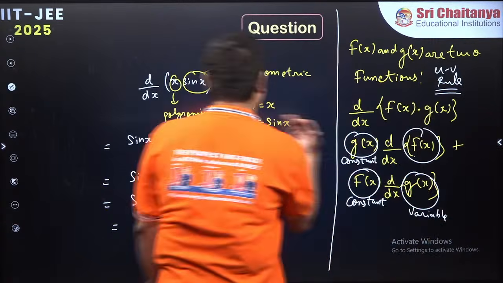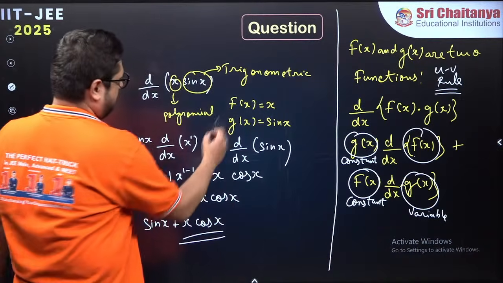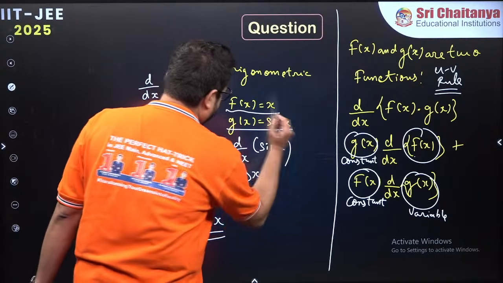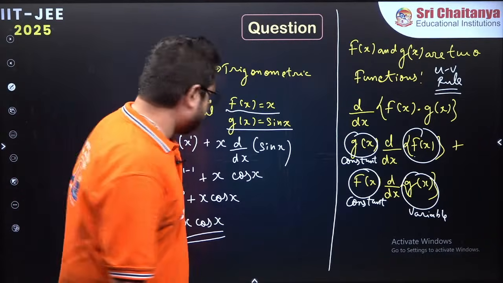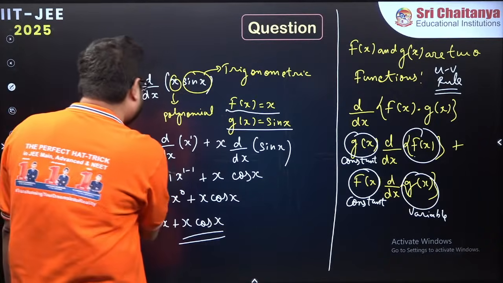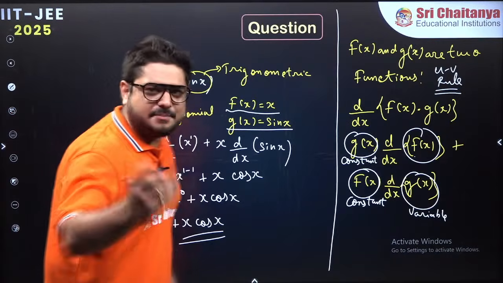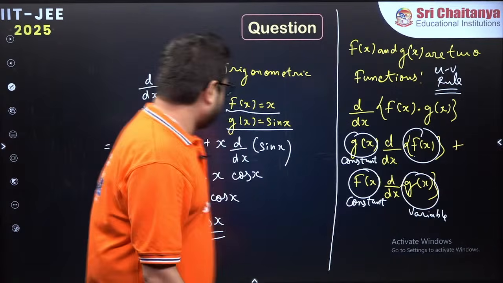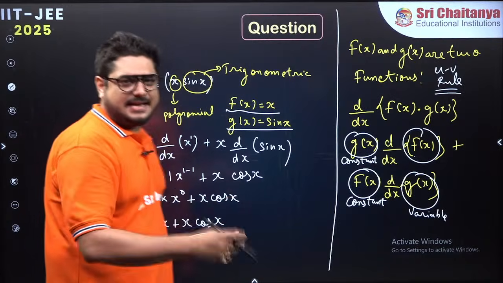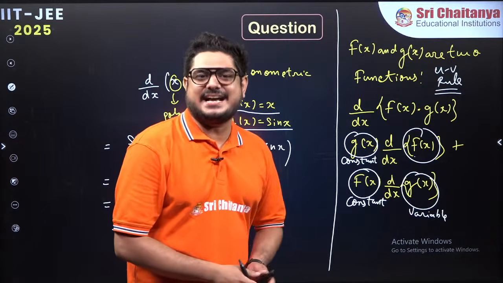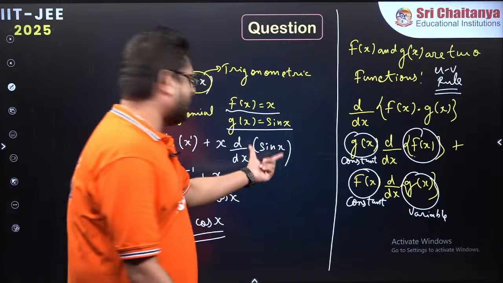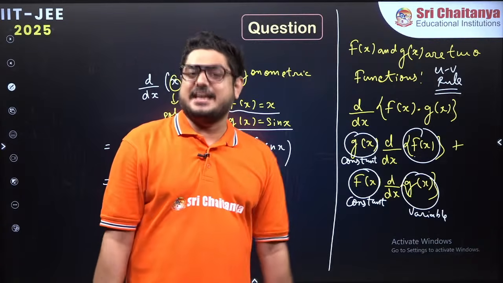So the real life application comes over here. You are choosing f(x) to be x, g(x) to be sine of x. So sine x is taken as a constant initially into d by dx of x to the power 1, plus x into, now this time x is a constant and sine x is the variable.